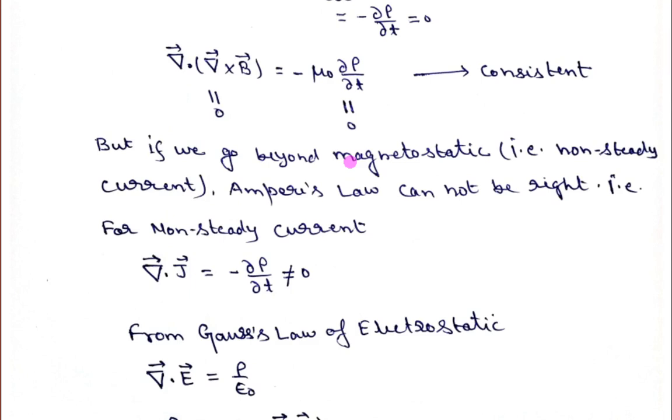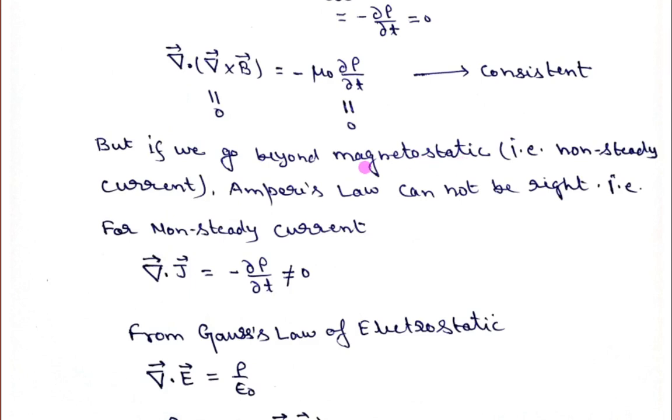In case of magnetostatics, I have given a separate lecture on why we call it magnetostatic. Magnetism originates because of the current, because of the motion of the charge, and that current should be steady.